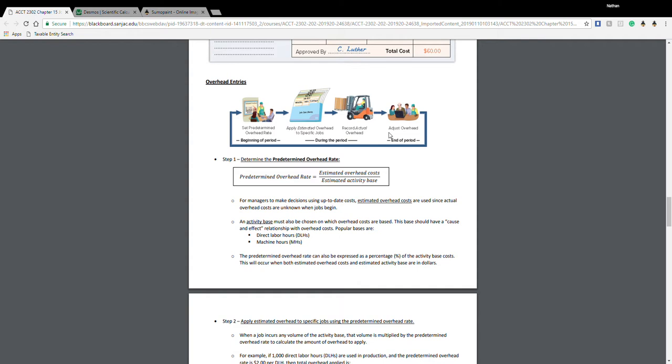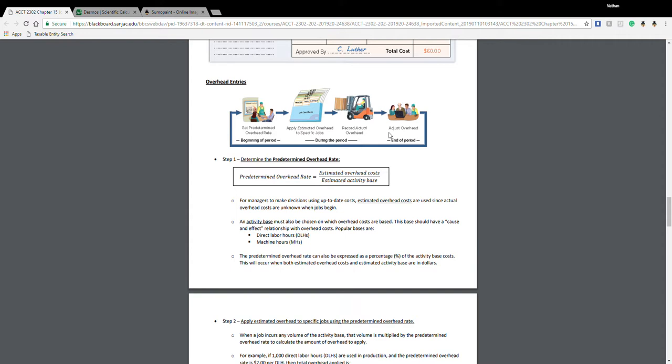So managers get together, they make decisions using whatever costs are up to date, and they set the estimated overhead cost, since we don't know what the actual is going to be. Next, they take the activity base, which is chosen based on which overhead costs are driven by.